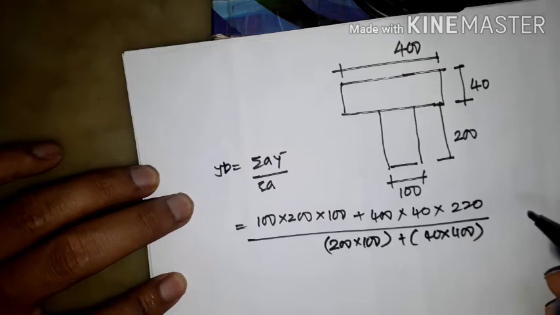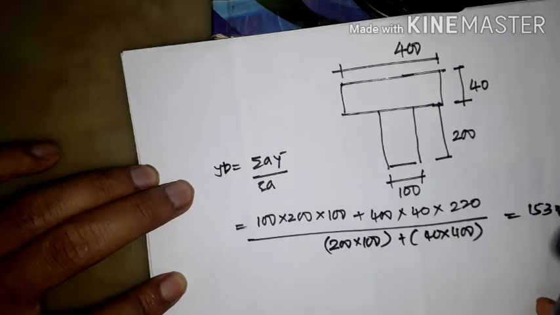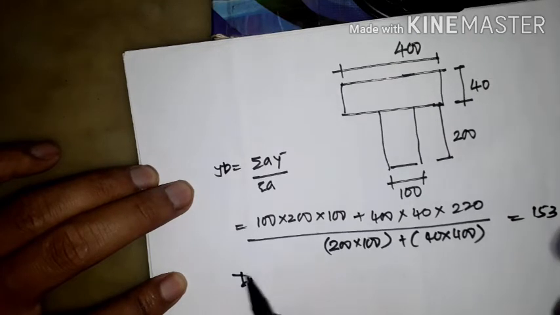So we will get from bottom 153 mm, and at top we will get 87 mm.